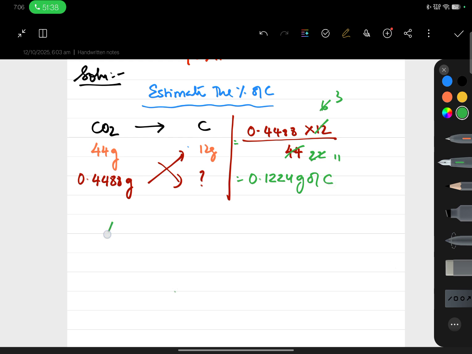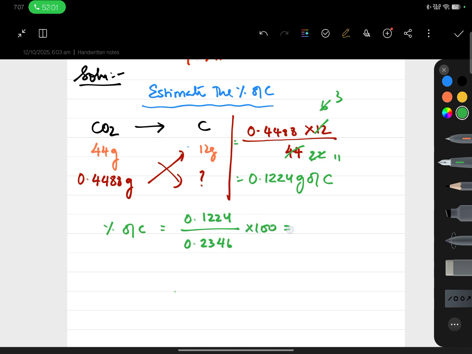How do you calculate the percentage of carbon? The calculated mass divided by the mass of the organic compound they have given. 0.1224 is the mass of carbon. How much organic compound have they given in the problem? 0.2346.